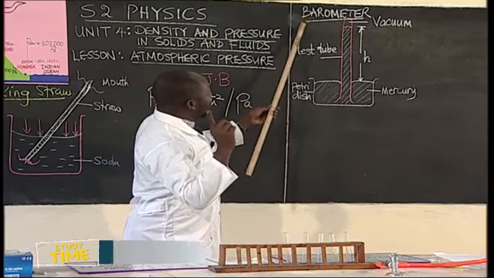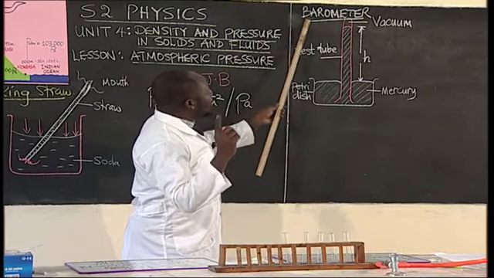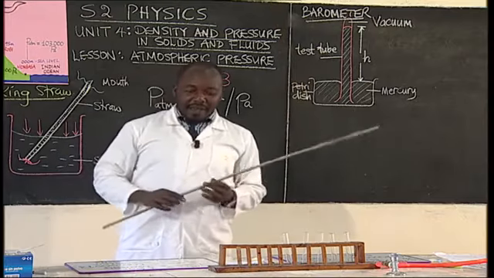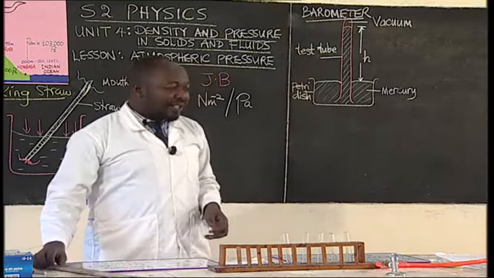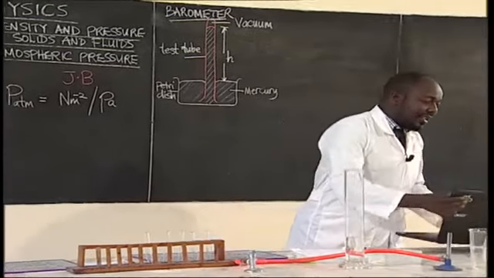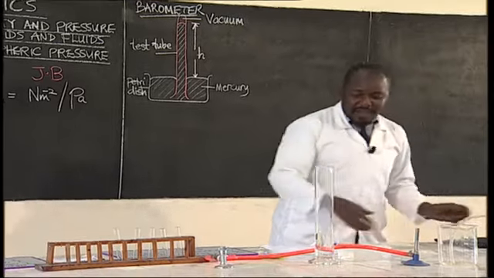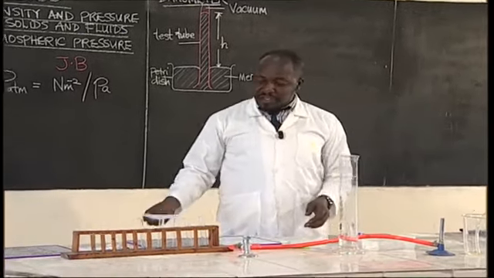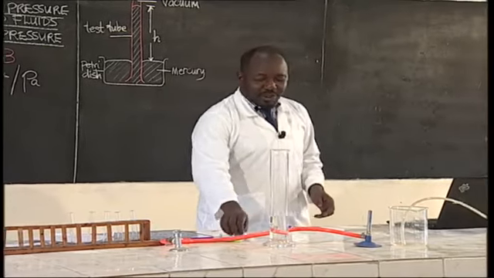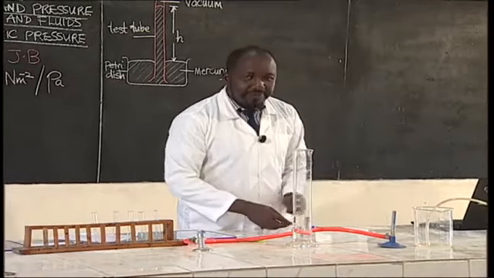The instrument used for measuring atmospheric pressure is called a barometer. You see? Barometer. Now, how is a barometer constructed? It's quite easy to understand how it is constructed. And right here, I'm just going to demonstrate to you the processes that lead to the construction of a barometer.